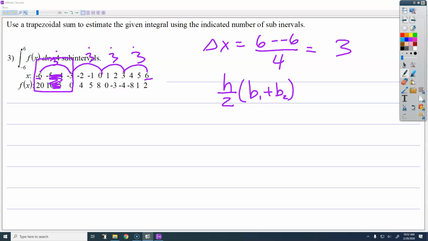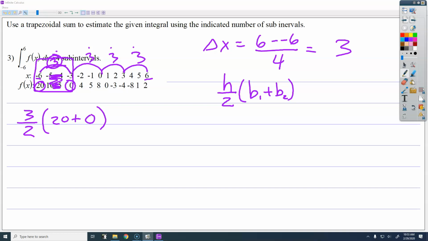The 3 represents the height of our trapezoid. I may have inadvertently called them bases before because I was thinking of rectangles, but this is trapezoids. So the 3 actually represents a height. So you put that over 2, and we're going to multiply that by the bases of the trapezoid, which are these values here. So it's 20 plus 0.